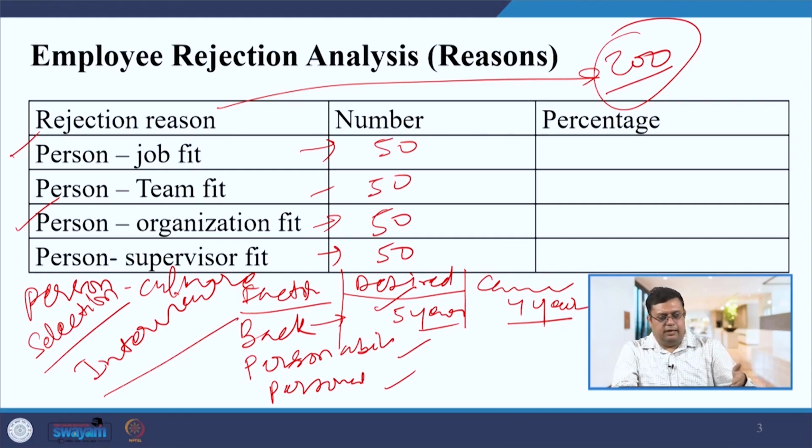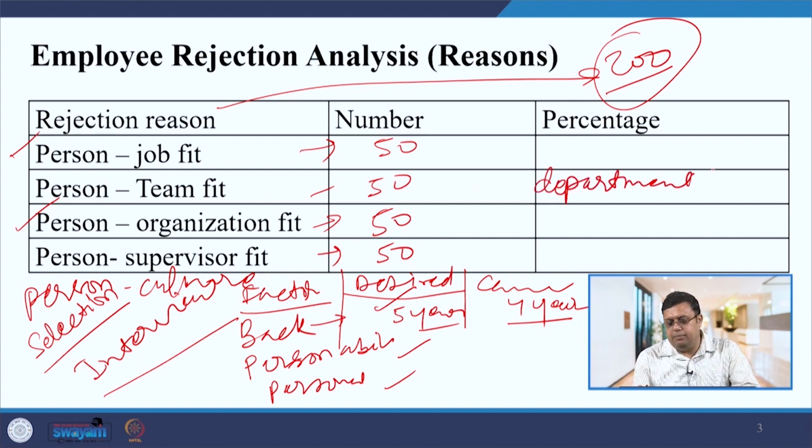Third thing, you can go in depth and do the analysis department wise, in which department people are rejected and because of what. And then you can do it city or geography wise also, like people who are coming from a particular geography, what is the reason for their rejection.